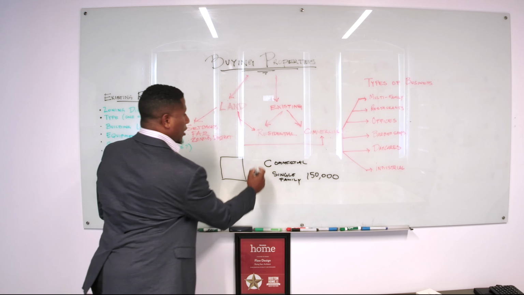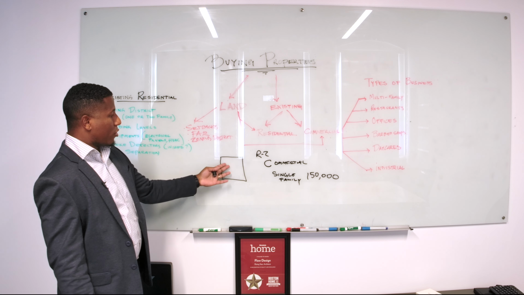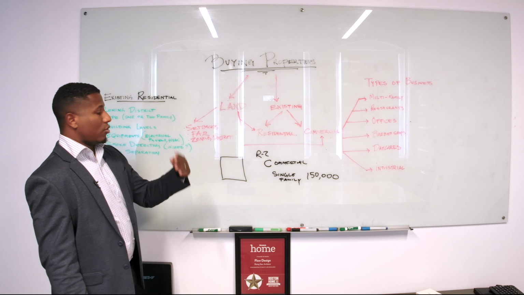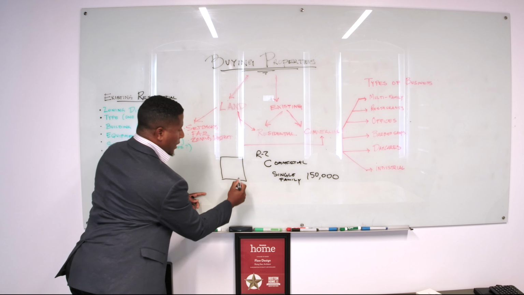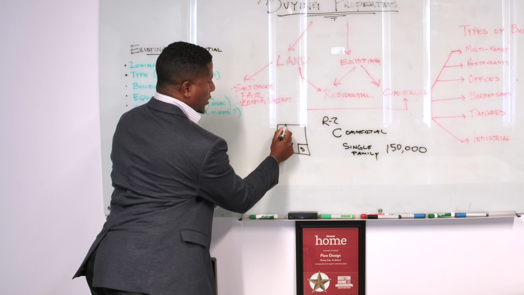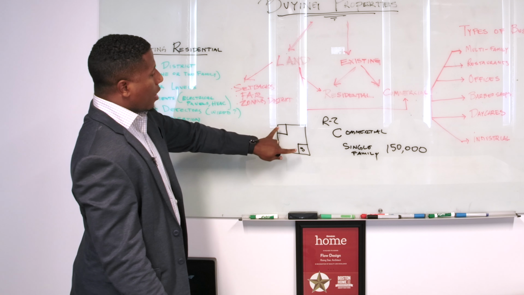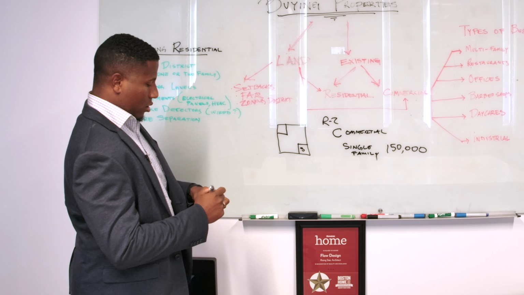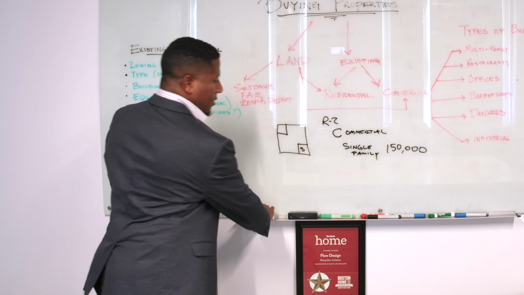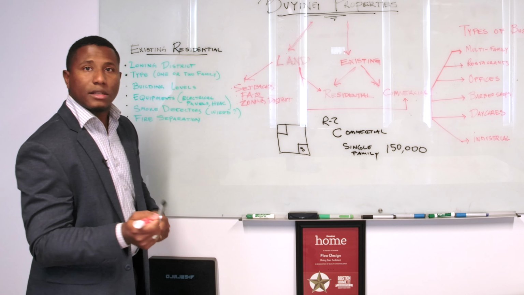So let's say you buy a single family home and you are in an R2 or two family zone, and you want to convert your single family into a two family. Let's say you have your stairs here. Those are stairs, and these ones at the back are stairs. I'm going to use a different color so you are able to understand that.